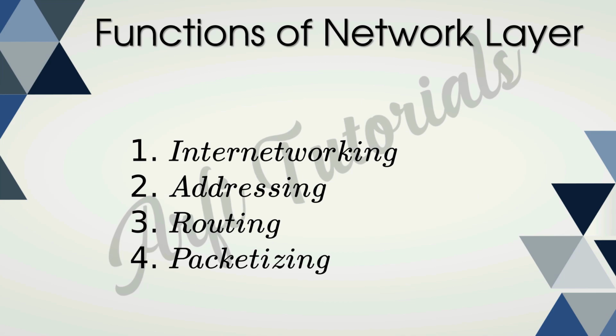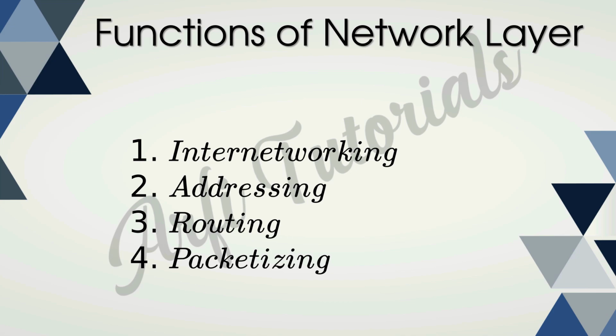Functions of the network layer. First, inter-networking. It is the main responsibility of the network layer. It provides a logical connection between different devices. Second, addressing. A network layer adds the source and the destination address to the header of the frame. Addressing is used to identify the device on the internet.